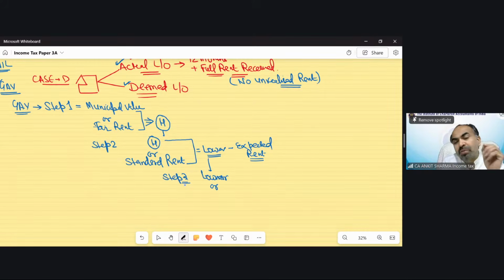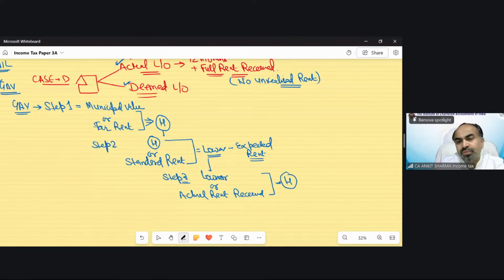Now this needs to be compared with our last value, which would be actual rent received or receivable. The actual rent received or receivable. And the higher of these two would be my gross annual value.